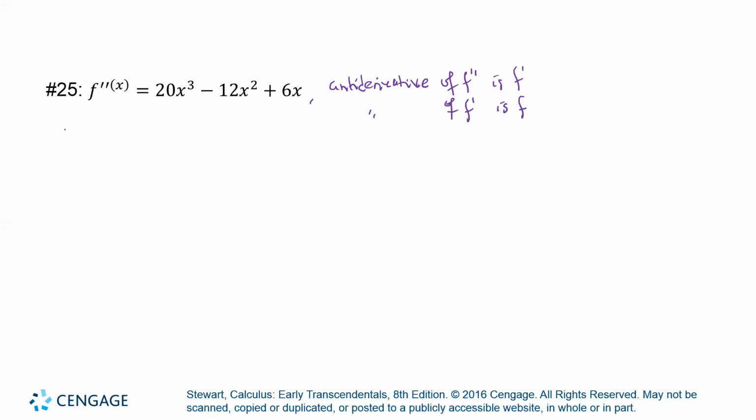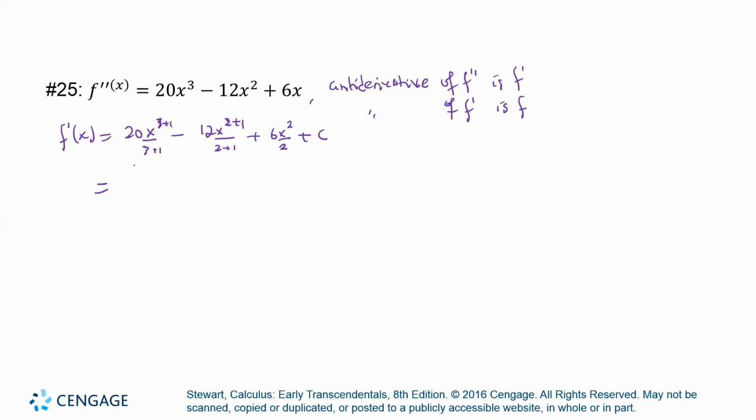First, let's find f prime, which is the antiderivative of the function given. This is 20x to the 3 plus 1 over 3 plus 1, then minus 12x to the 2 plus 1 divided by 2 plus 1, then plus 6x squared divided by 2, then plus a constant c.